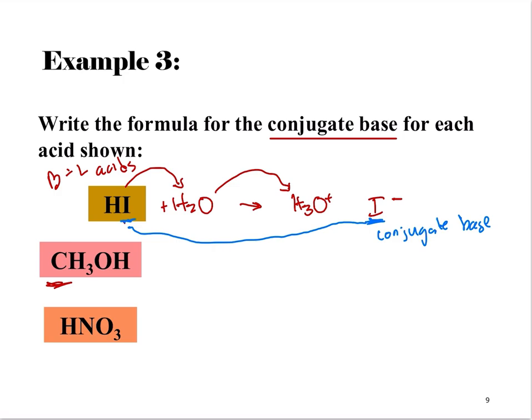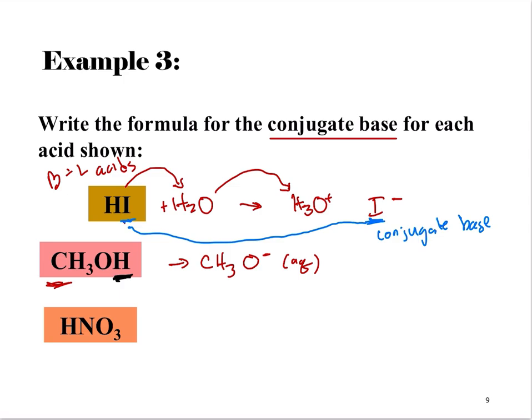What about for methanol? What's the conjugate base going to be? CH3O minus. Right? So like I said, which proton is being donated is somewhat relevant in this case. And in hydrogen or oxygen-based acids, it's always going to be one that's attached to an oxygen, right?